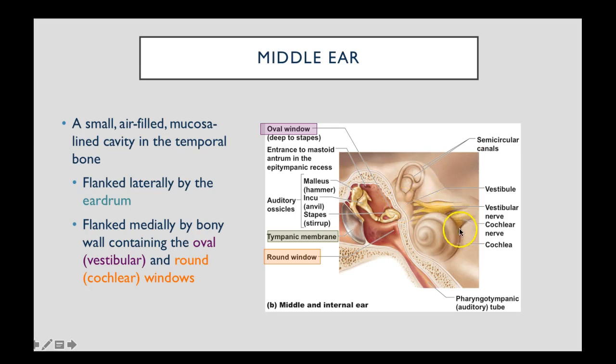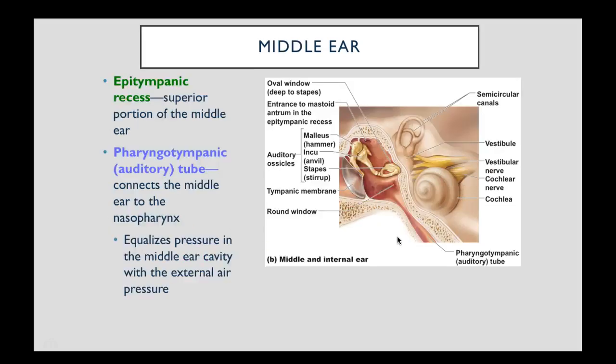That fluid will continue moving all around, and eventually we'll see this region highlighted here by the orange, our round window. This little membranous area will displace a little bit as well in order to dissipate those vibrations.